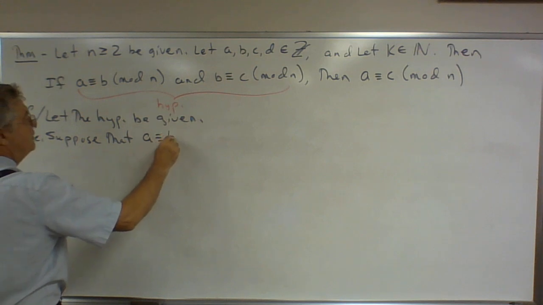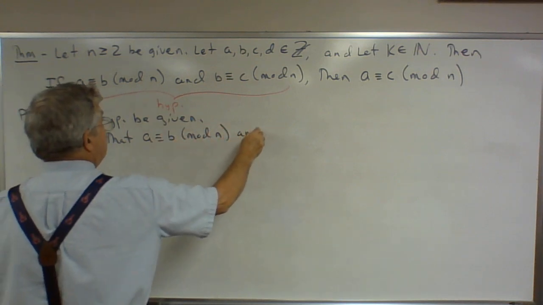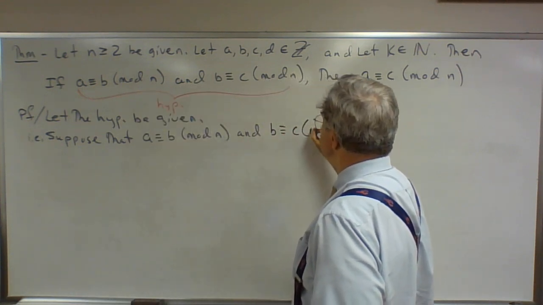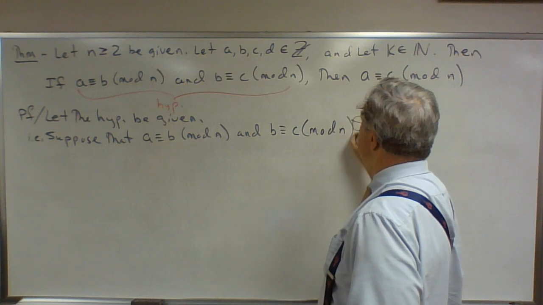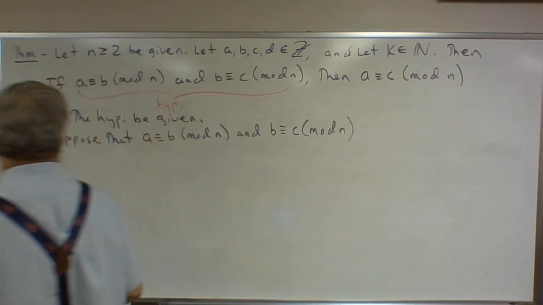A is congruent to B mod n, and B is congruent to C mod n. Well, what does that mean?